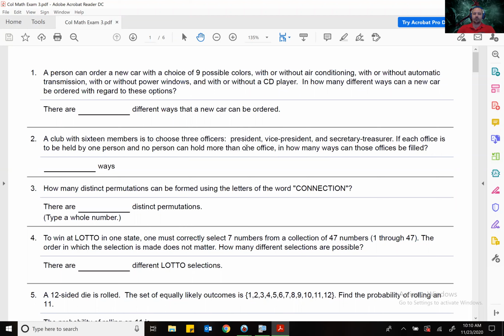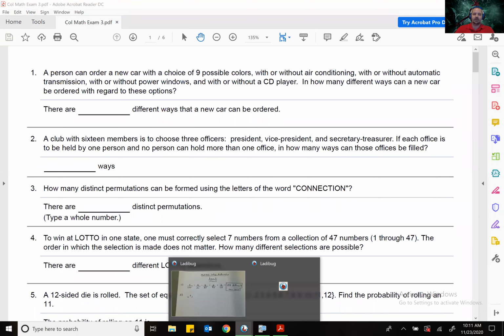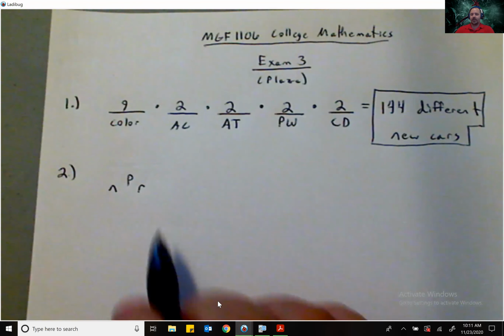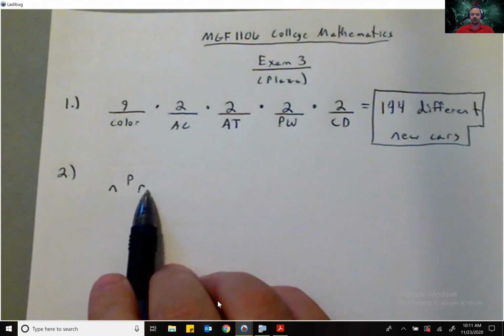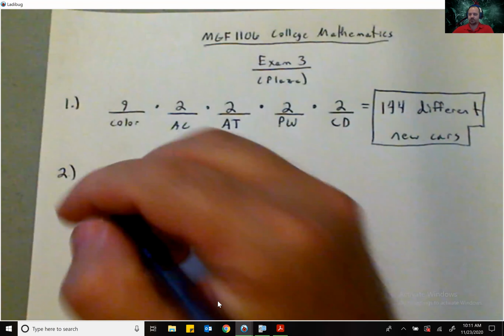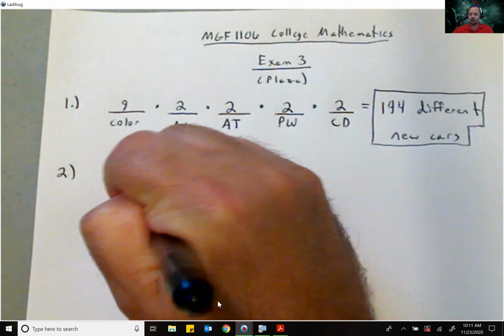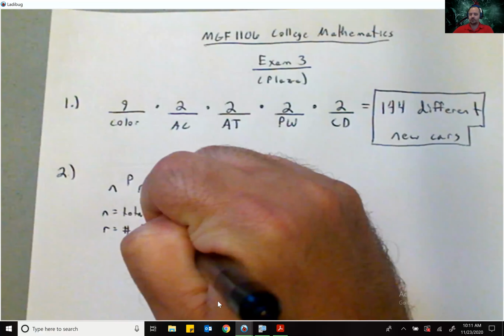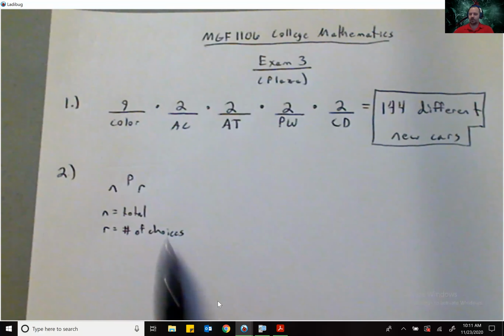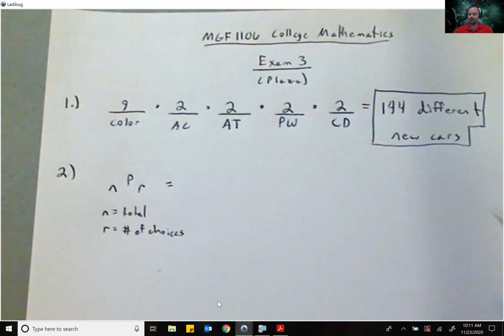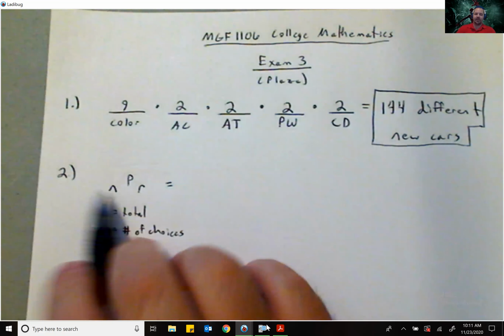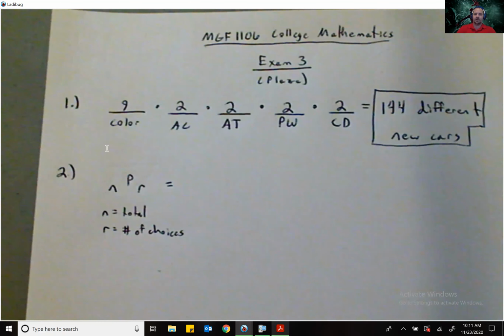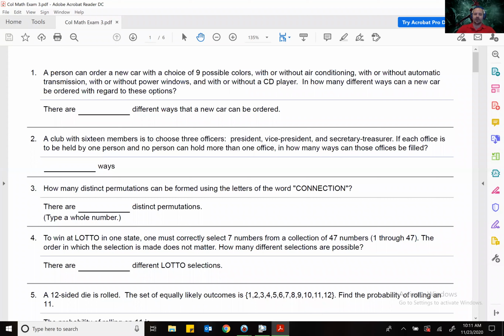Remember, with permutations, you have that nPr situation, where n is the total and r is the number of choices, or your ranking. If we fill this in, the total number of people we have to pick from was 16. Our number of choices is 3.